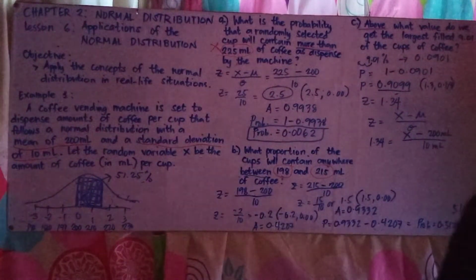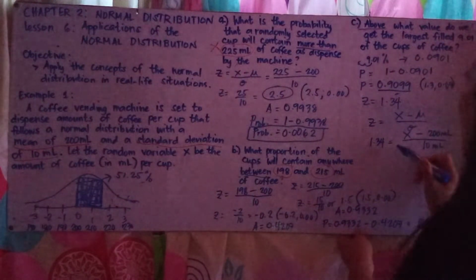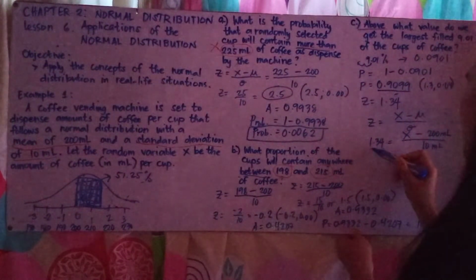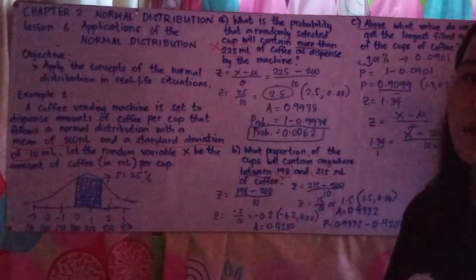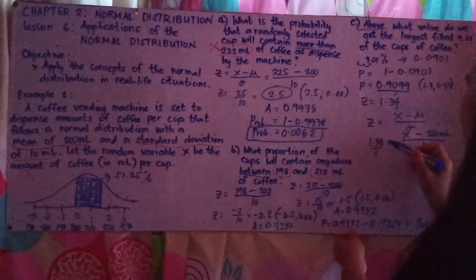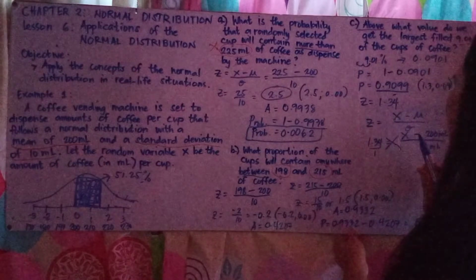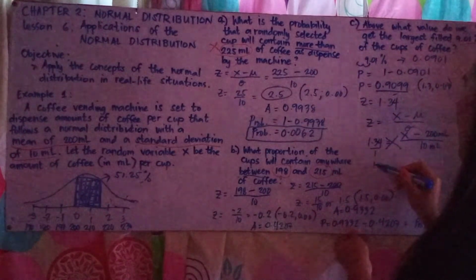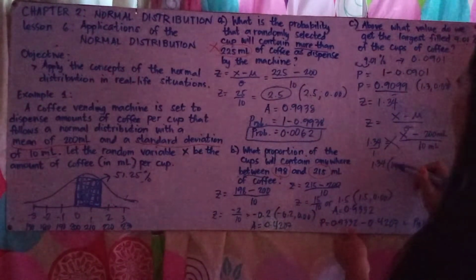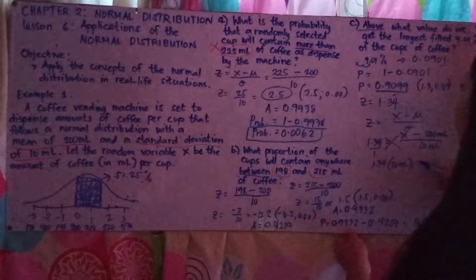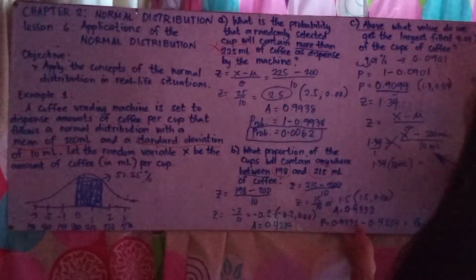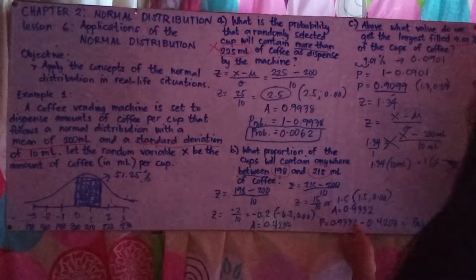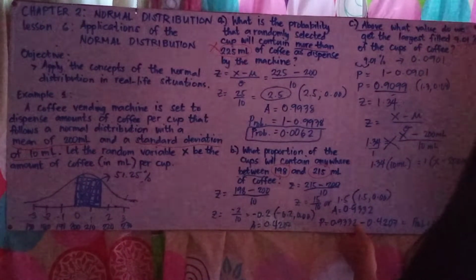Okay, next, simple algebra. So, cross multiply. There are invisible ones underneath. So, multiply 1.34 by 10, equals 1 times x minus 200 ml.